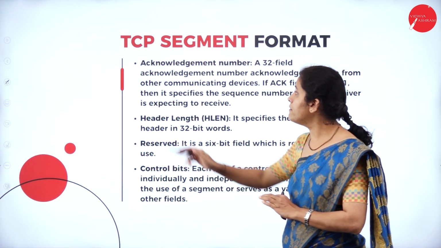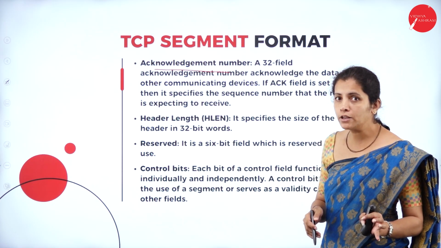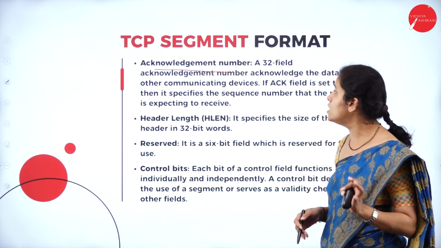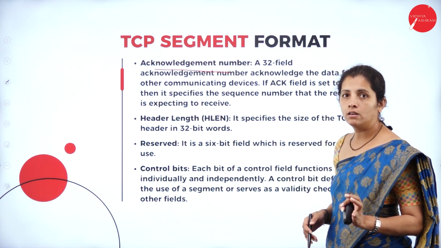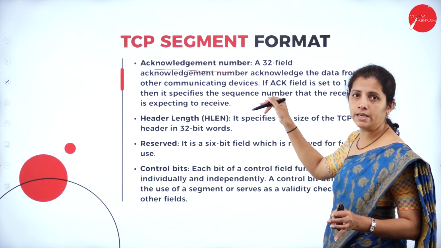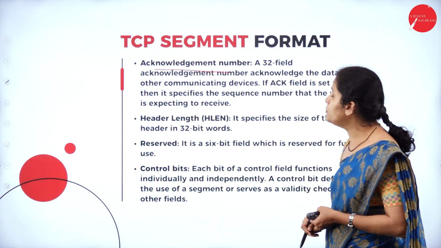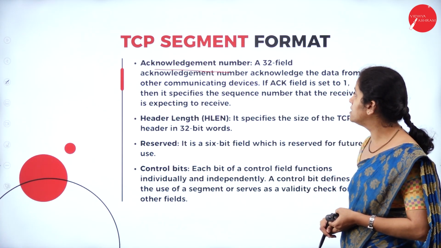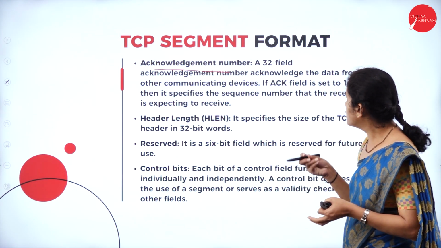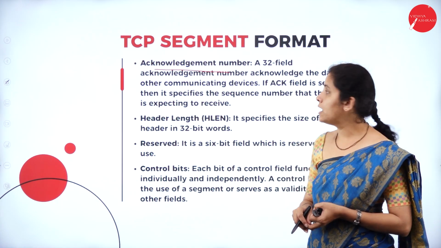And I'm going to have the acknowledgement. What is the length of the acknowledgement? It is 32 bits. Who is responsible for acknowledgement? That is the receiver. This 32-bit field acknowledges the data from the other communicating device.